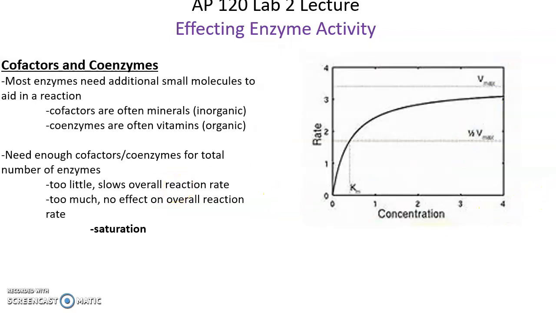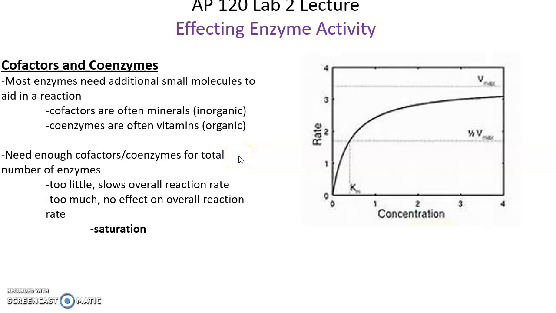Cofactors and coenzymes. Cofactors and coenzymes are structures, molecules needed by some enzymes to function. So some enzymes need cofactors, some enzymes need coenzymes. Not all enzymes, but some of them. Cofactors are inorganic, so they're usually a mineral.